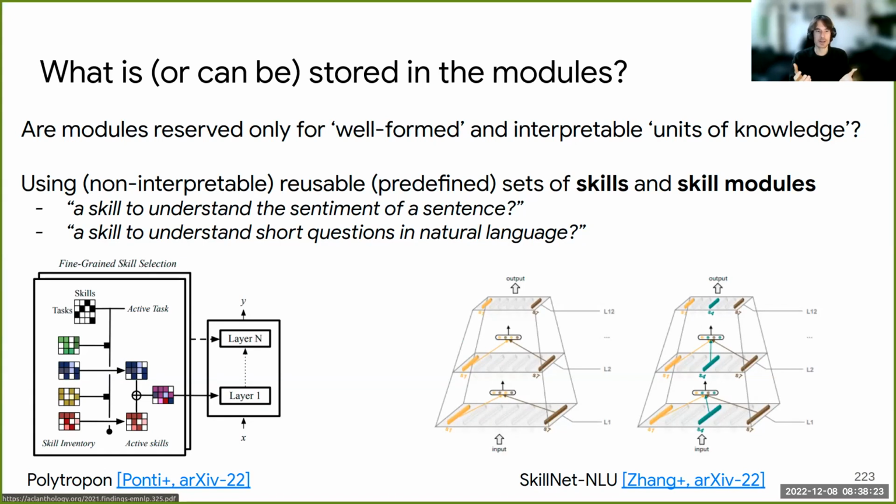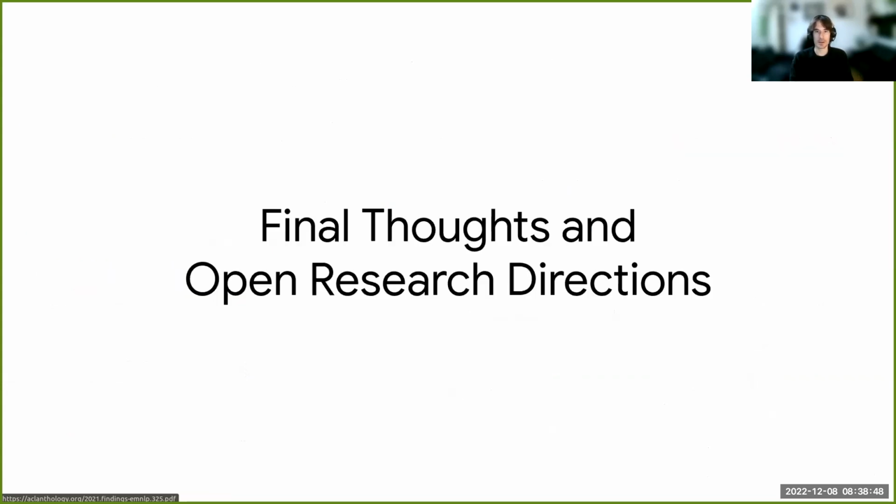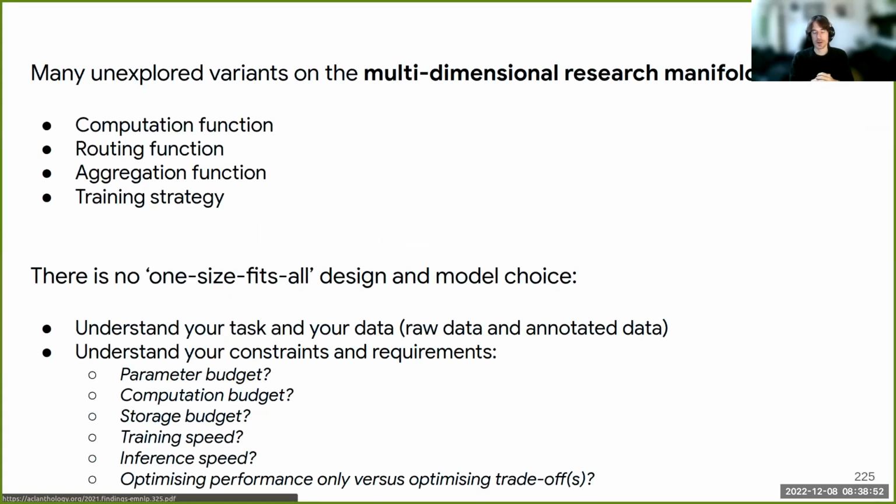So the idea is, okay, we can have skills which we can interpret, like we need a skill X to understand parts of the sentiment of a sentence, and we need a skill Y to understand other parts of the sentiment of a sentence. So if we combine X and Y, we can understand the sentiment of a sentence, and maybe skill X might be useful for some other task that needs to deal with sentiment, et cetera. So this is a very open research direction.